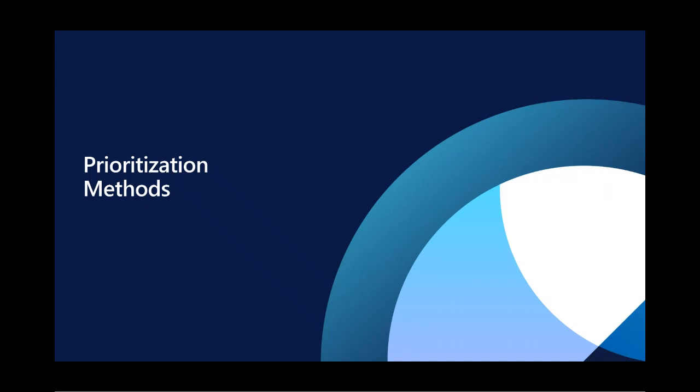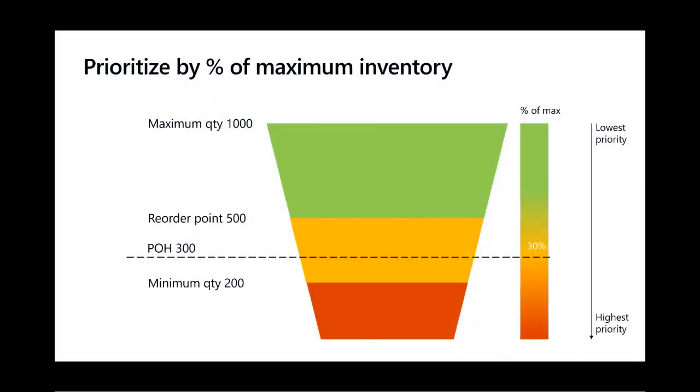Now let's dive deeper into the prioritization methods that are available, which we saw when we were setting up the planning priority models. The first method is to prioritize by percent of maximum inventory.